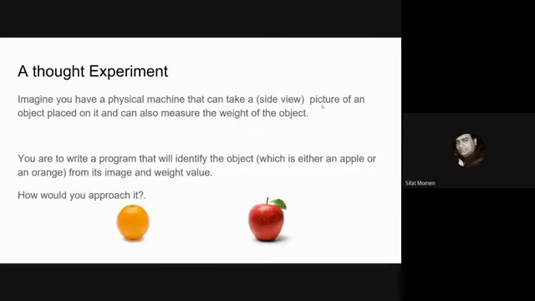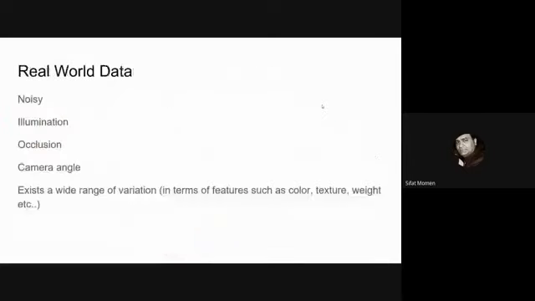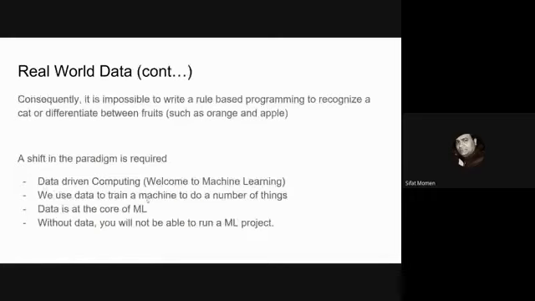Now, in that short thought experiment, we realized a very interesting thing. The real problem with real data is that there exists a wide range of variations, right? Because of this wide range of variation, rule-based programming becomes very impractical. Okay? Rule-based programming is the kind of programming we write: if such and such, then do this and this.